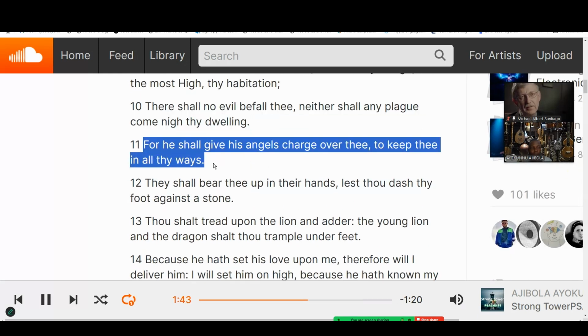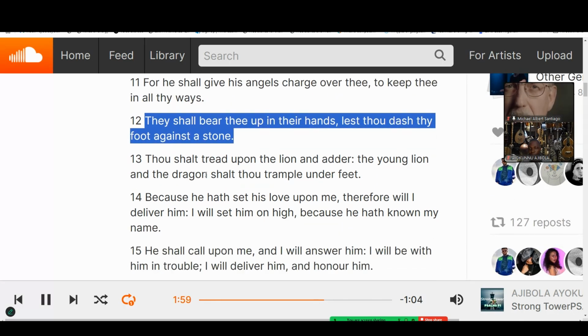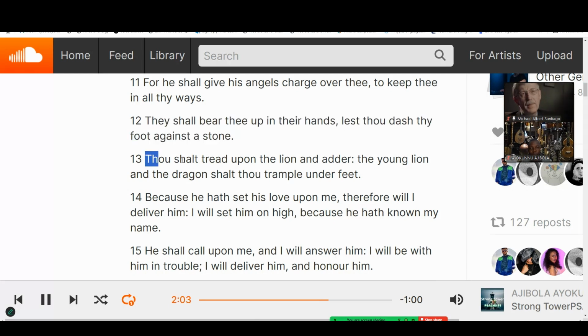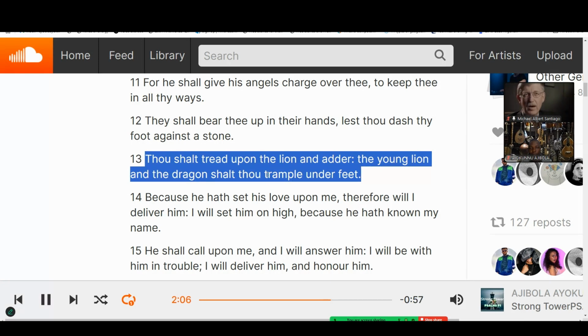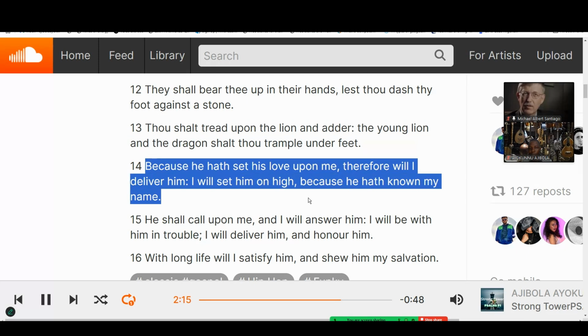For He shall give His angels charge over thee, to keep thee in all thy ways. They shall bear thee up in their hands, lest thou dash thy foot against a stone. Thou shalt tread upon the lion and the adder; the young lion and the dragon shalt thou trample under feet.